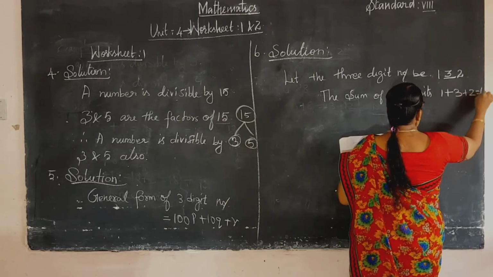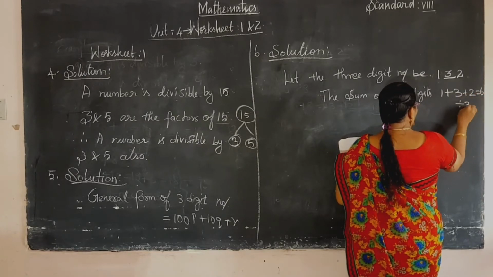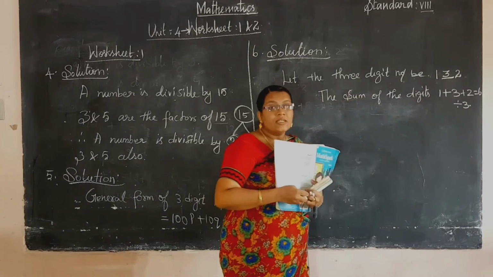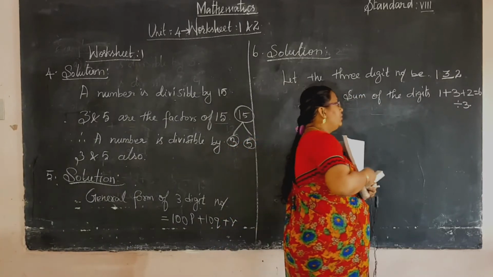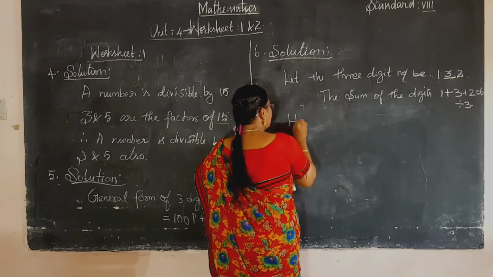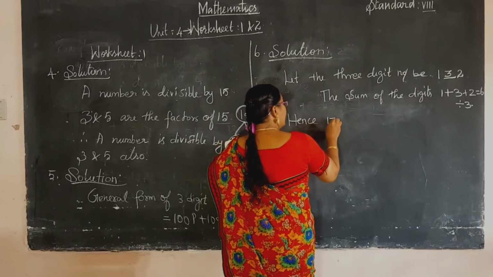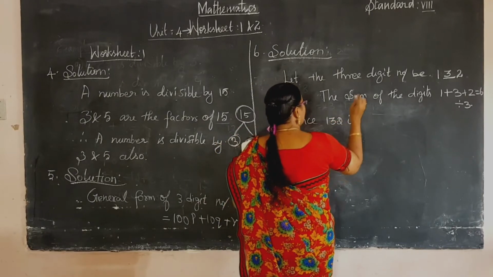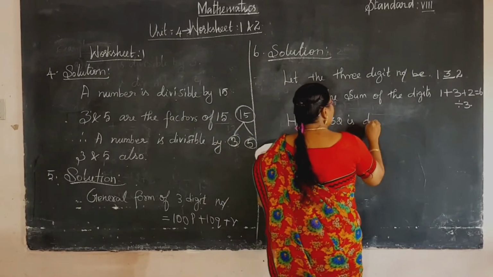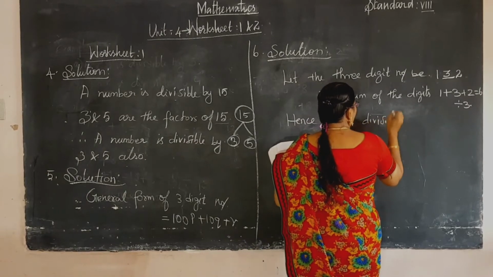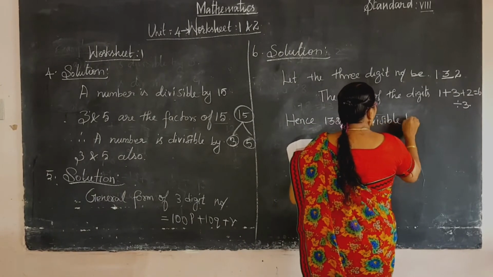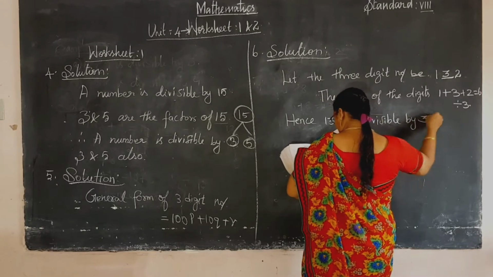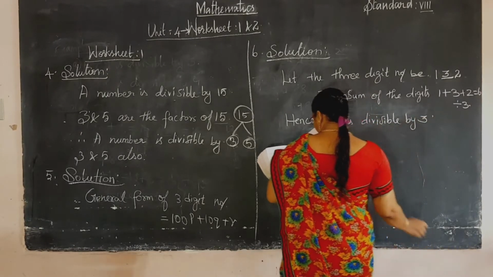What do we get? 6. 6 is divisible by 3. Hence 132 is divisible by 3.